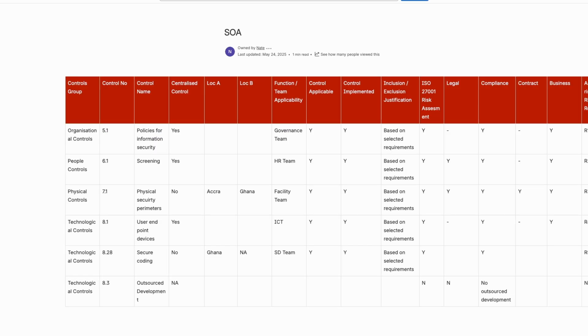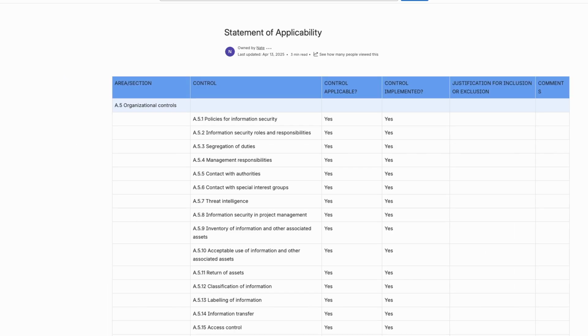Now, this is a vivid way in which, more or less, I like to write my statement of applicability. In most statements of applicability, like I earlier stated, what you only need to document is the controls that are applicable in your environment. So in the very first statement of applicability, you realize that I documented all the controls under ISO 27002 and then stated which ones are applicable and which ones are not.